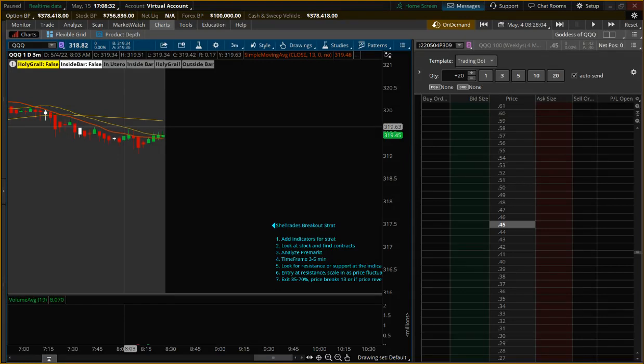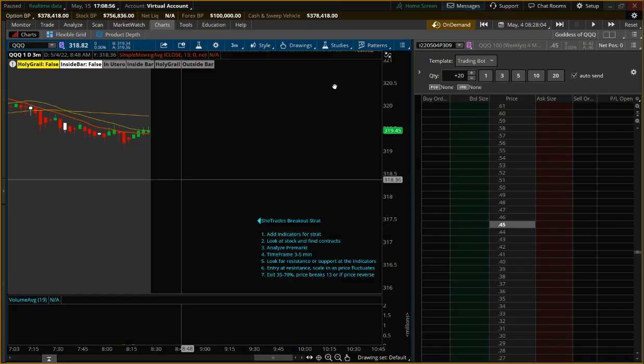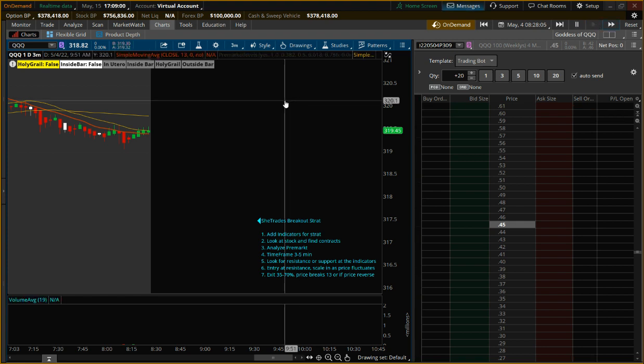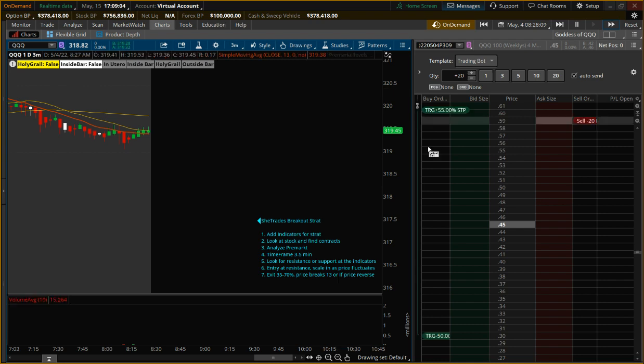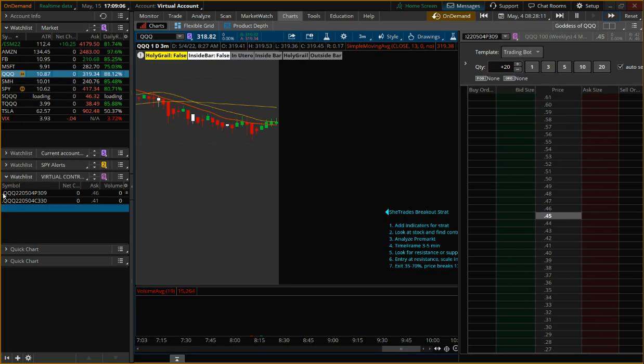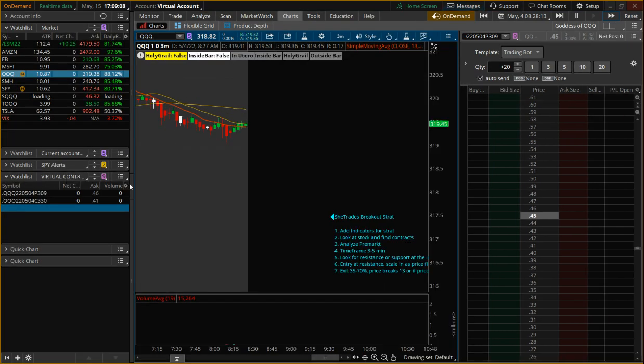Once the market opens, and I'm going to go ahead and press play, what will happen is the open price indicator will plot, and the pre-market levels will plot. And I have my active trader connected to my contract watch list.